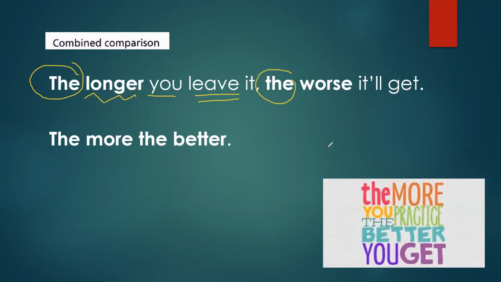Sometimes we can use it, look at the second example, without any subjects and verbs. And here is the same: the, adjective, subject, verb. The longer you live, the worse it'll get. Without: the more, the better. There are a lot of different variants, like the more, the merrier, and so on, which use the same construction.